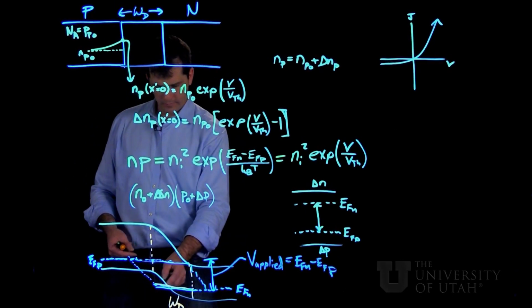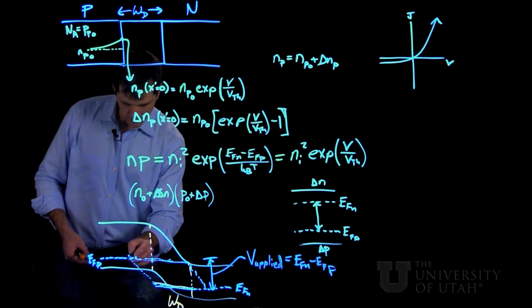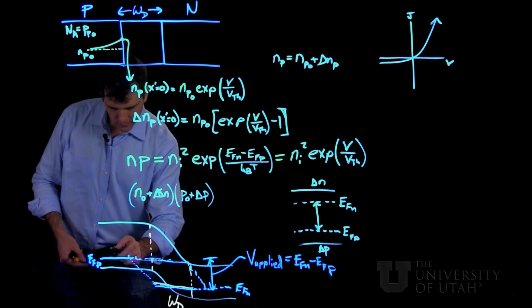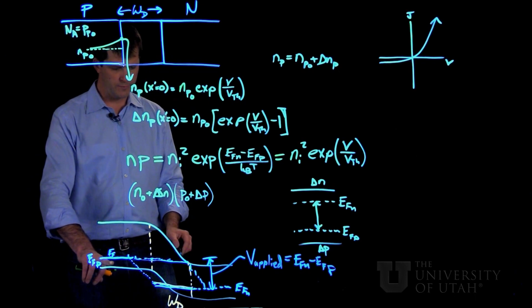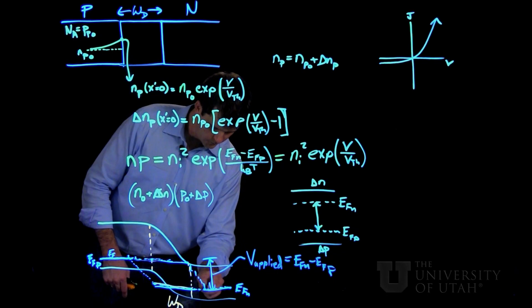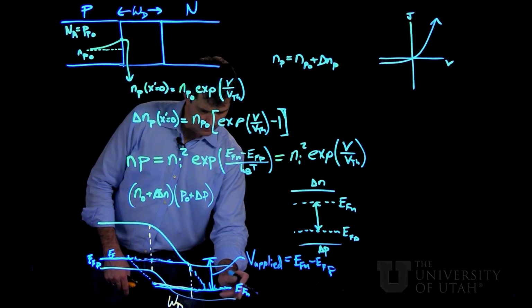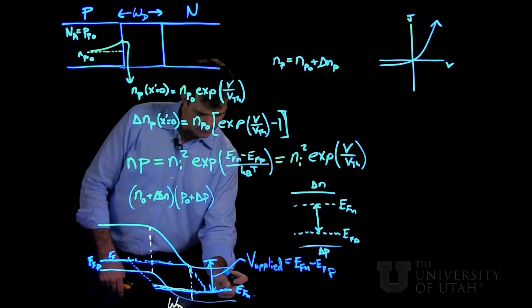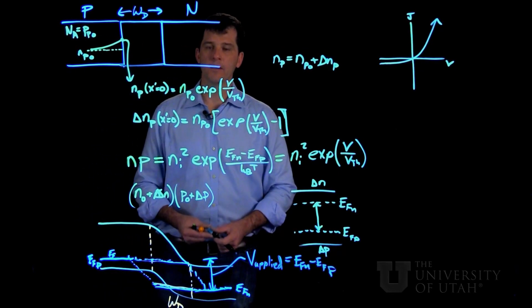So the EFn linearly decays back to the equilibrium value of EF far away from the junction because there's no excess carriers out here, and similarly far away from the junction, the Fermi level has to return to its value on the n-type side over here.